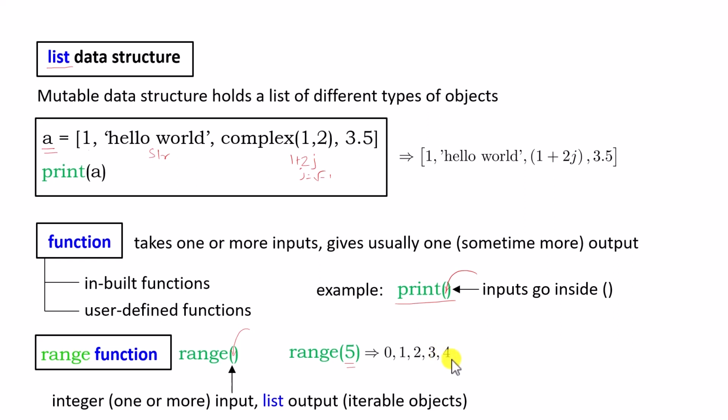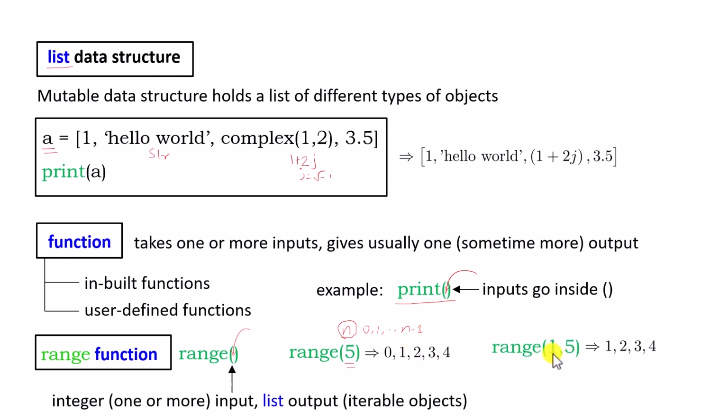So it will not write 5, it will write only up to 4. Or if I give an integer n here, range will start from 0, 1, etc. It will stop at n minus 1. So the number n is giving a cue where to stop, but this list does not include n. This is very important to remember.